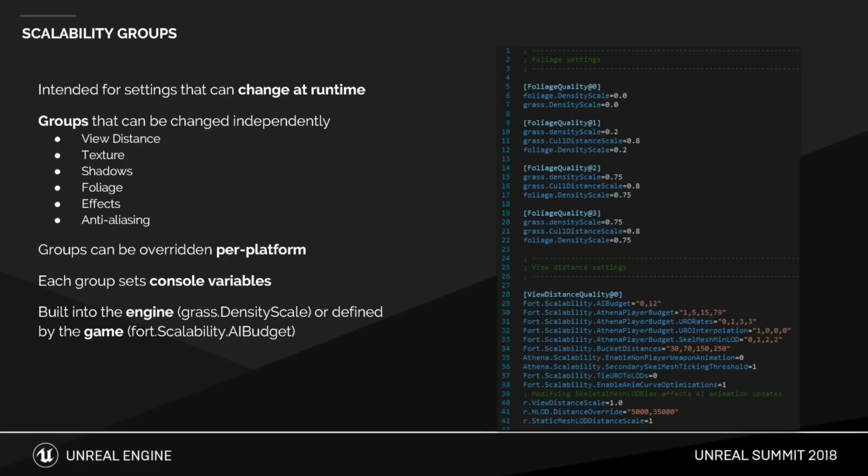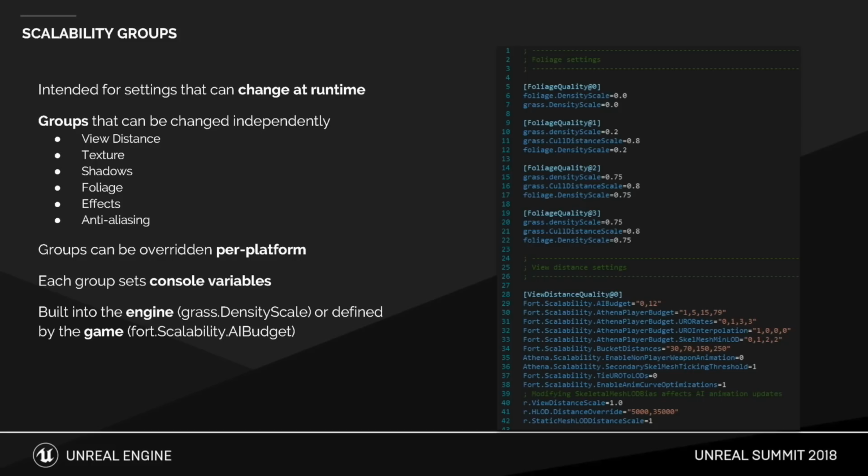Settings that are built into Unreal Engine, we can change, and your game can define settings that are also affected by scalability groups. So we have a bunch of Fortnite specific scalability settings that we've made console variables for.